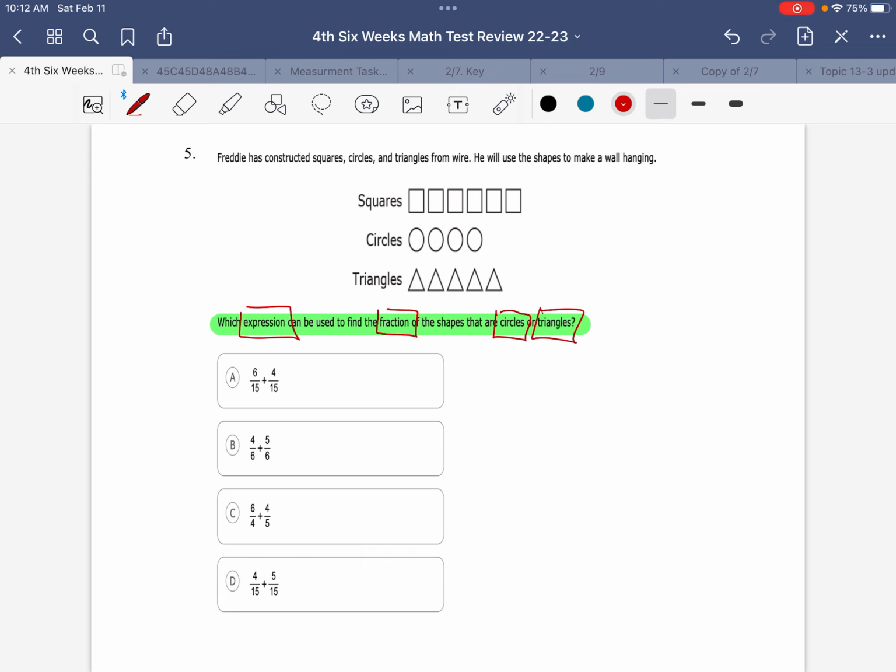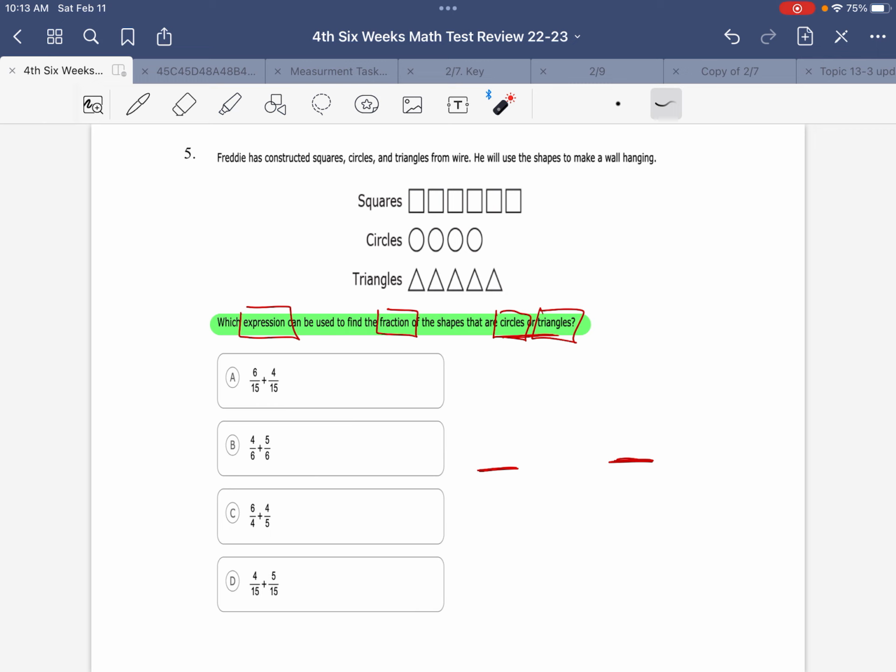Before we do anything, when we make a fraction of our circles and triangles, we have to have the denominator on the bottom. Okay. We have to have a denominator here. Now, this is where it gets a little bit confusing. It's asking for circles and triangles.